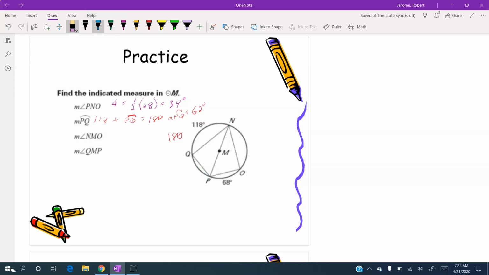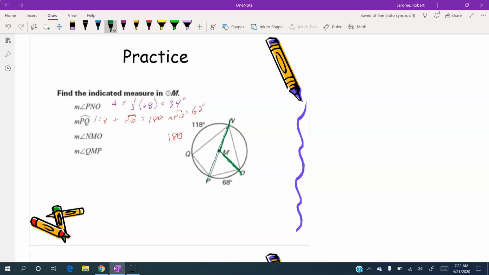Let's go to another one. Angle NMO. N, M, and then out to O. Well, it wasn't there. We had to draw it in. So angle NMO. Well, again, we can look at this like the question before it.